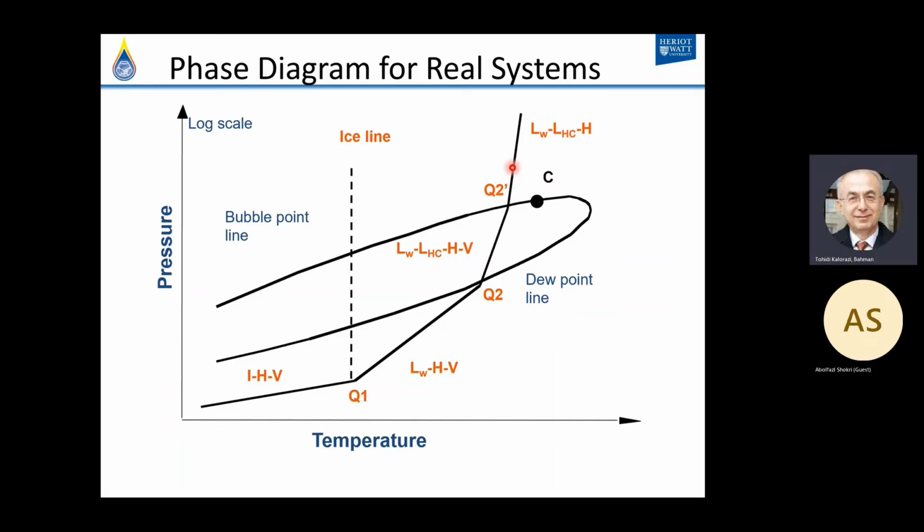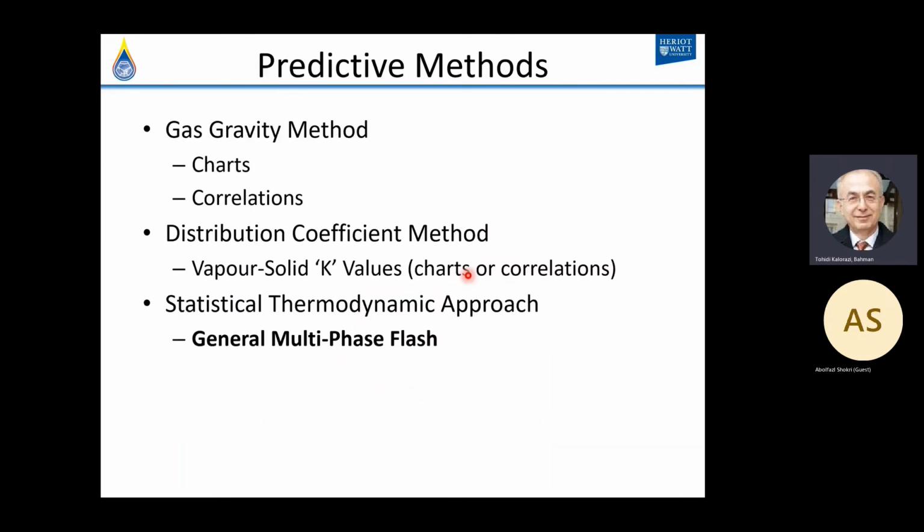So the objective of prediction is to determine this hydrate phase boundary. And you saw that for a pure compound it was easy. Now we want to talk about mixtures. Now, there are various options, as I said, for prediction.